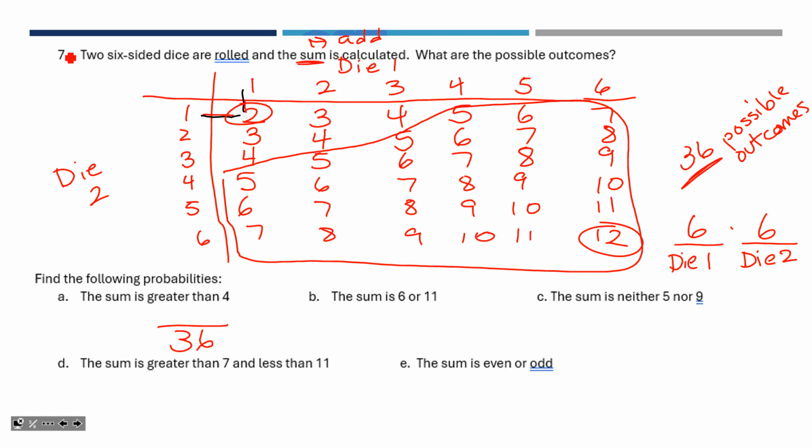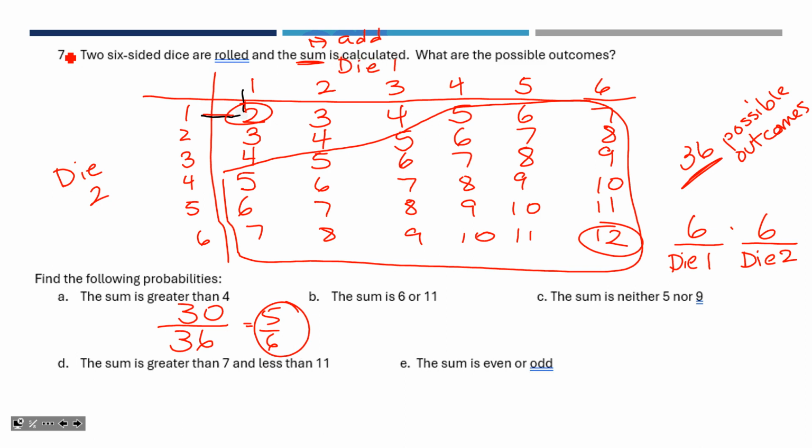It might actually be easier to count up how many numbers are 4 or less and take that away from 36. I can see that 2s, 3s, and 4s, there's 1, 2, 3, 4, 5, 6 of them. So 36 minus 6 is 30. So if I count up how many numbers I have circled in red, it would be 30 out of 36. And I could reduce that to 5/6.